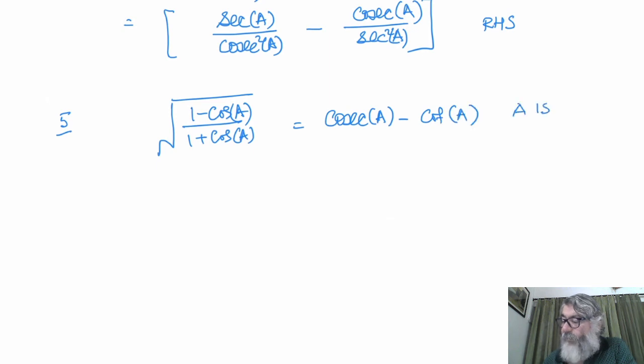A is in first quadrant means again all ratios are positive. Whenever you see a thing like under root, the first thing that comes to your mind is rationalization. You've been studying since standard 9th or maybe earlier than that how we rationalize the numbers.